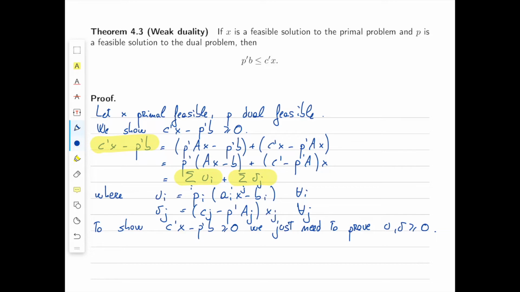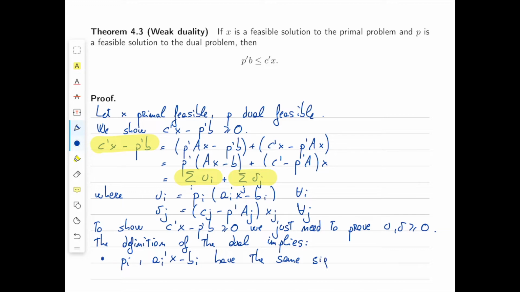To prove that u and v are greater than or equal to 0, we only need to look at the definition of the dual. The definition of the dual implies, first, that pi and ai transpose x minus bi have the same sign if they're both different from 0.